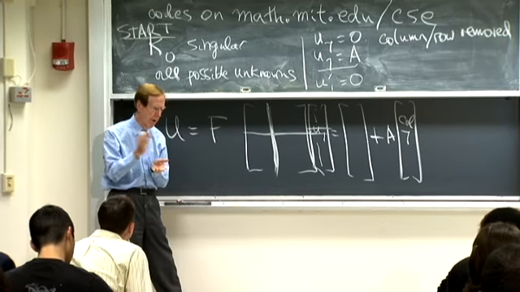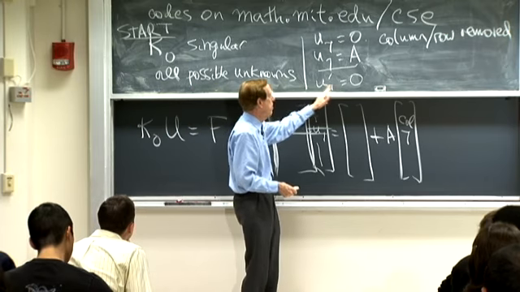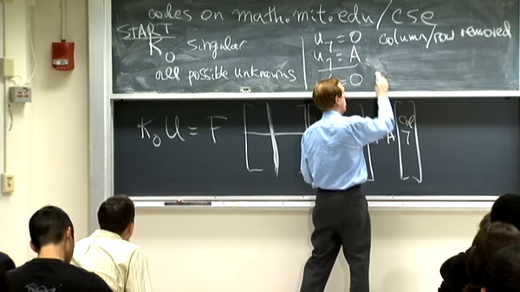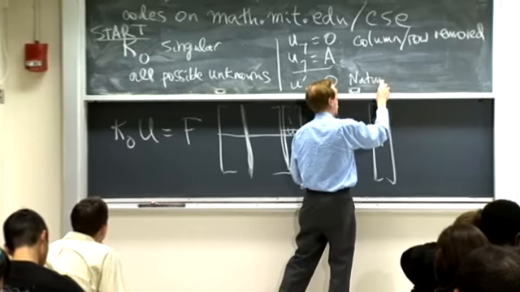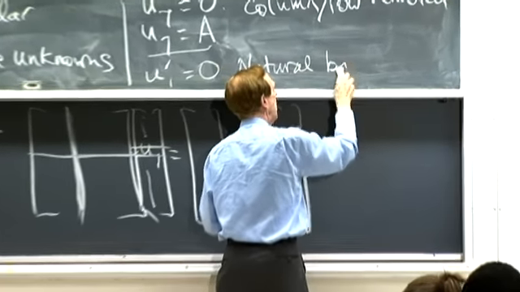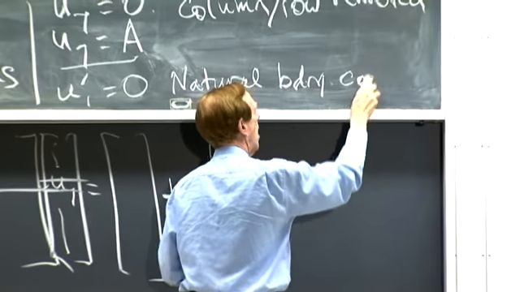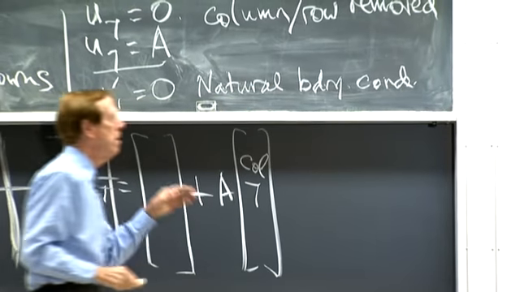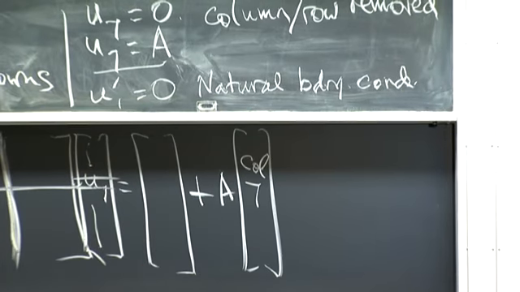So if I remember my own lectures, U prime equals 0 came in as a natural boundary condition. And what did that mean? That meant that I don't have to impose it. The finite element method should deal with that.